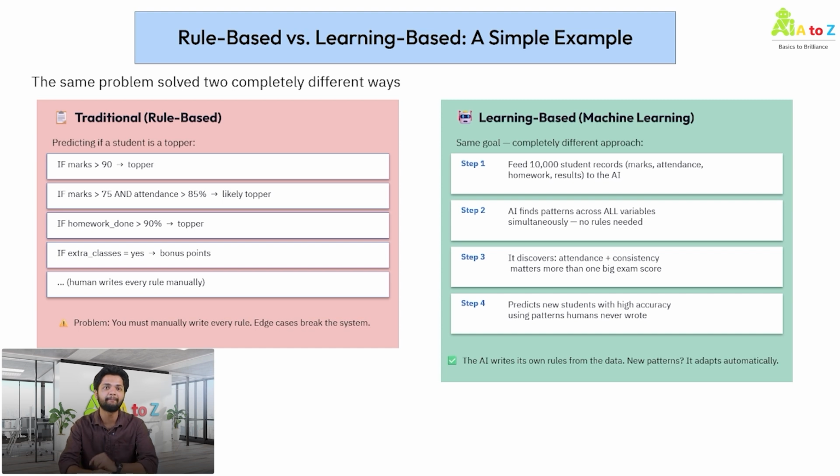Also, when new patterns emerge, you don't rewrite rules. You just provide more data and the system adapts. So, both approaches solve the same problem, but the way they get there is completely different. Rule-based systems try to define intelligence upfront, whereas machine learning systems extract intelligence from the data.